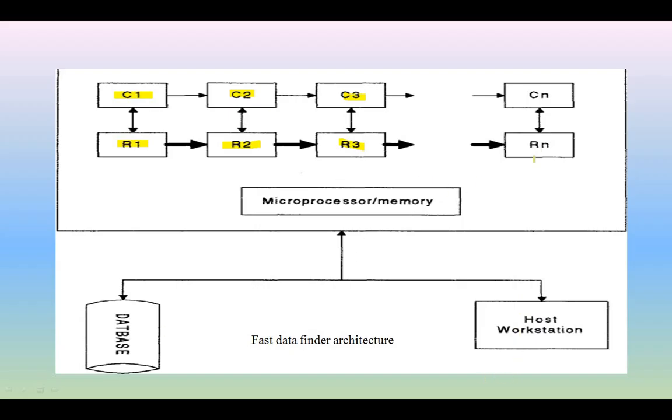This entire diagram is regarded as the fast data finder architecture, where all the cells are arranged in a parallel pipeline manner. C1, C2 are the comparator cells and R1, R2 are the register cells. They can exchange information, check information, and search information by using these cells.